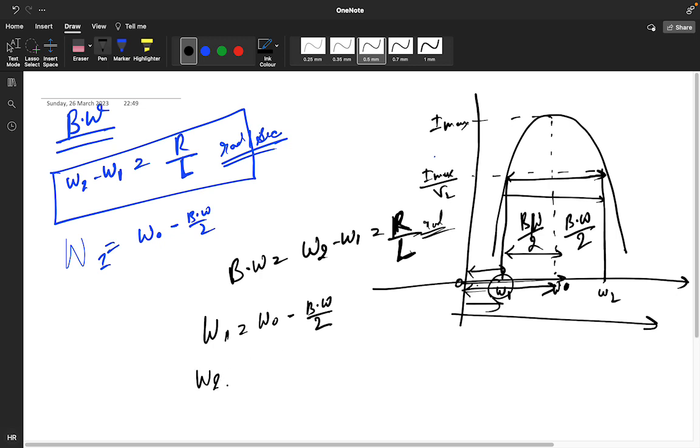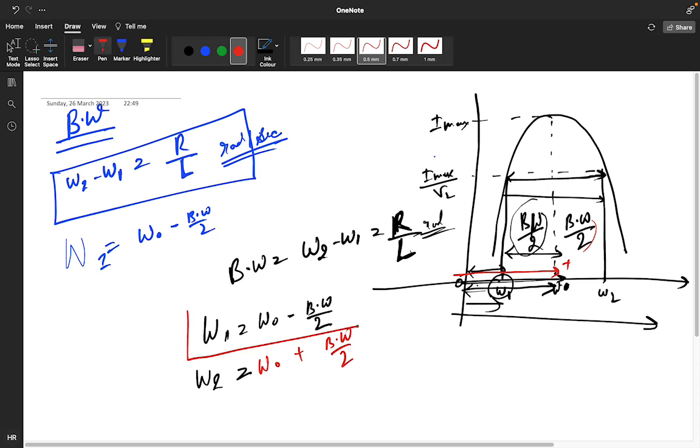And omega 2: from 0 to here is omega naught, and if you add this bandwidth by 2, you will get omega 2. So omega 2 is omega naught plus bandwidth by 2.